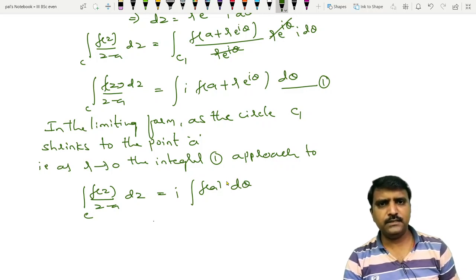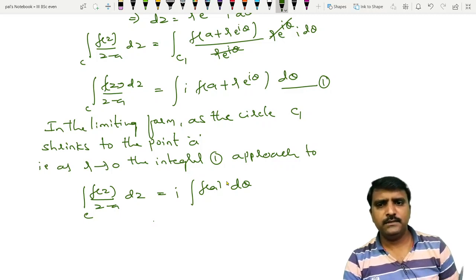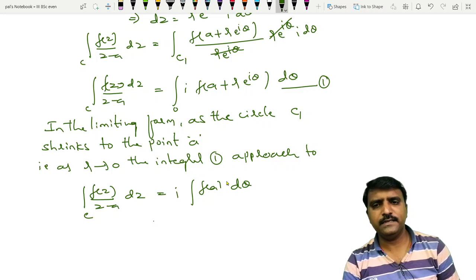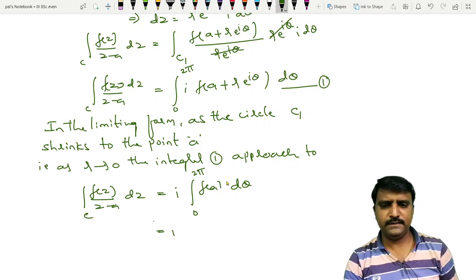And what about the limits? Here theta varies, in a circle theta varies from 0 to 360 degrees, that is 0 to 2 pi. So take the limits of theta as 0 to 2 pi. And you go on integrating this, i into f of a.